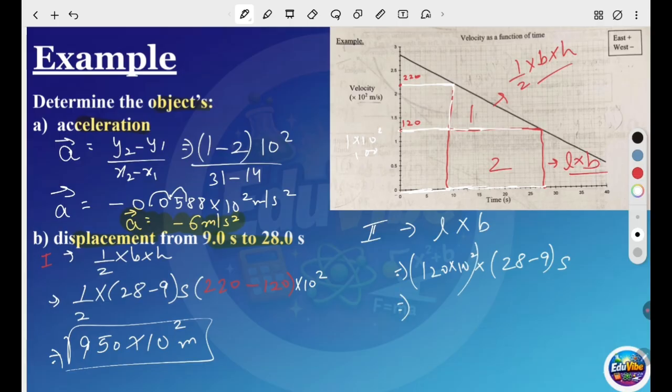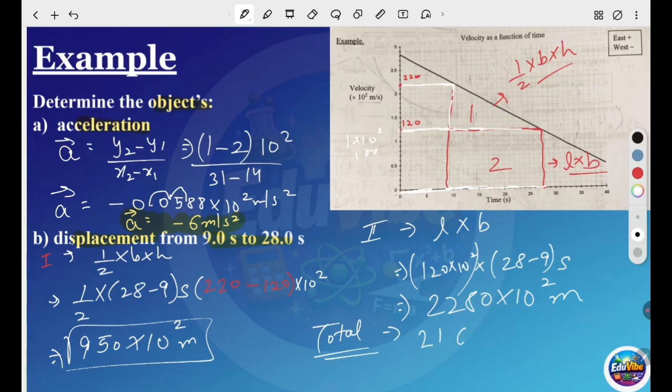So to find it out, we get 2280 into 10 raised to power 2 meters. So now you want the total. Do addition for both.